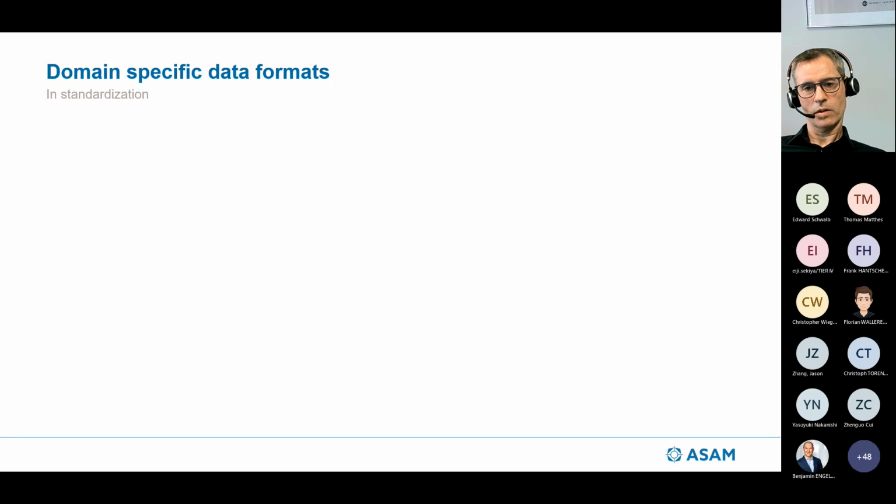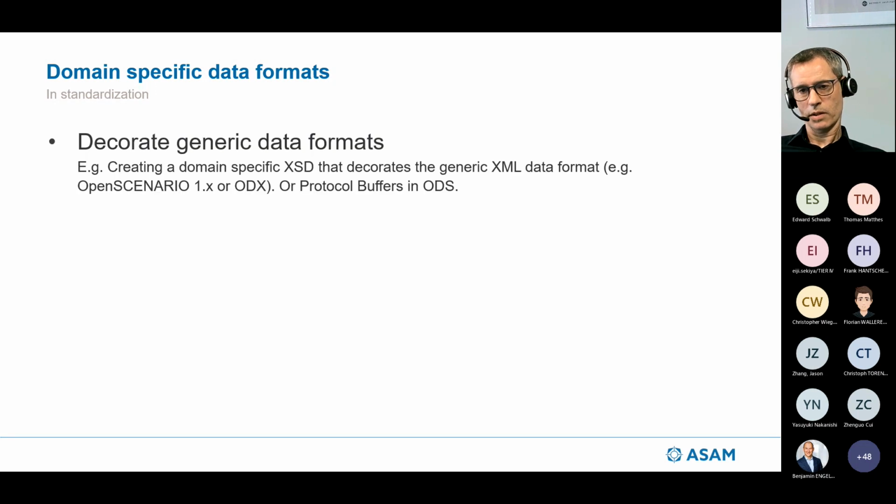Let's now talk about domain-specific data formats in standardization. So we are right close to the language right now. Anyway, how do we specify data formats as a normative output of a standardization process? I already talked about that.